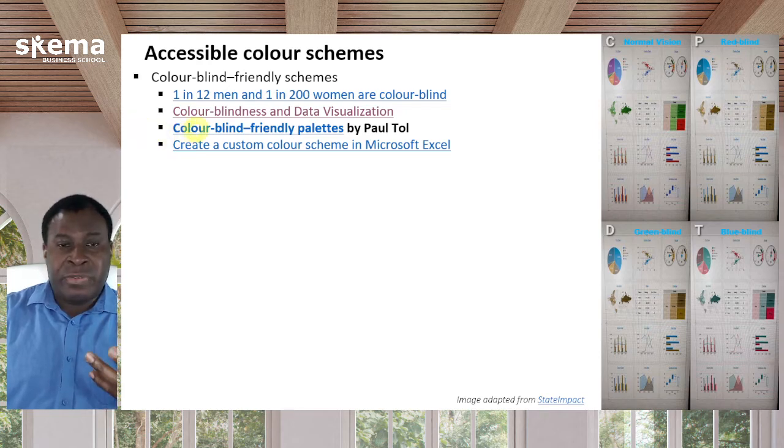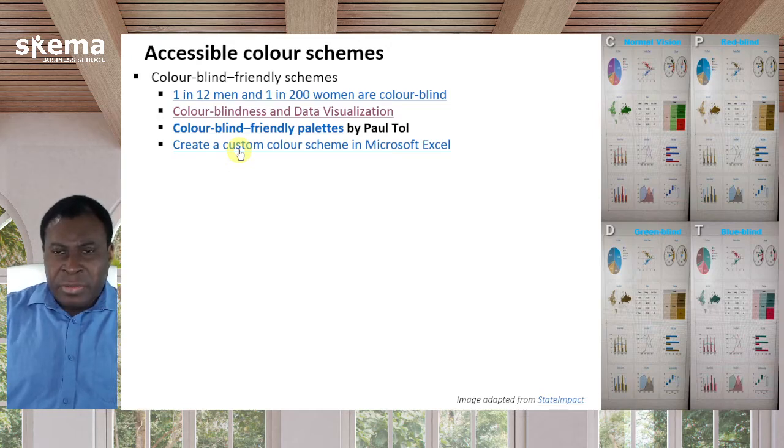They come from Paul Tol, and he talks quite a bit about colorblind friendly palettes and how to think about colorblind friendly colors. Here's a link for creating your own custom color schemes according to colors that you like, but that might fit some of these.